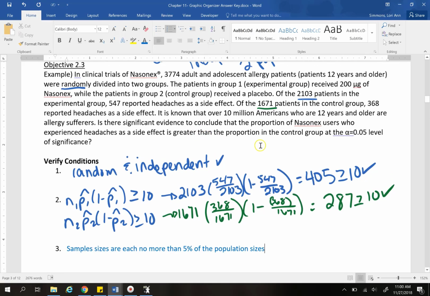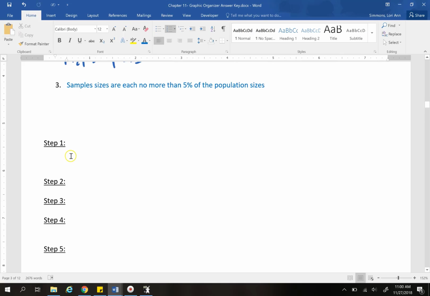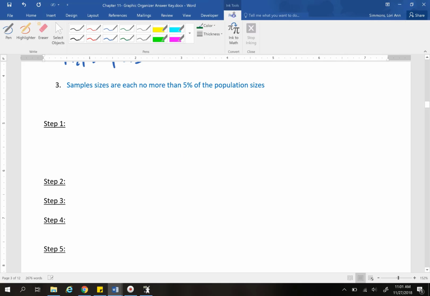All right. 2,100 is definitely less than 5% of patients 12 years and older, and 1,671 is less than 5% of the population as well. Okay, now we get into step 1, determine the null and alternative hypotheses.